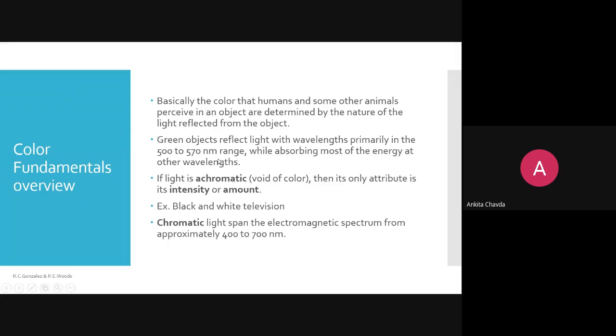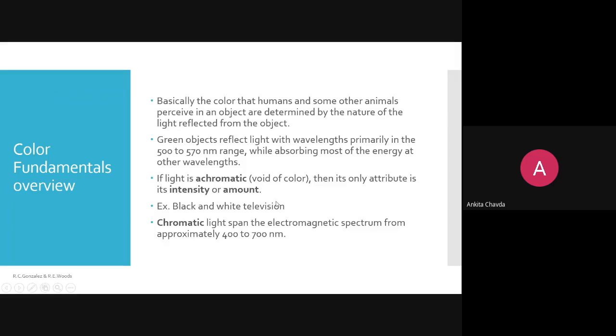So if the light is achromatic, meaning void of color. You know achromatic and non-achromatic, that is known as chromatic. The word chromatic is used for color. It is having a color. And achromatic means no color, void of color. So if the light is achromatic, then its only attribute is its intensity, or amount.